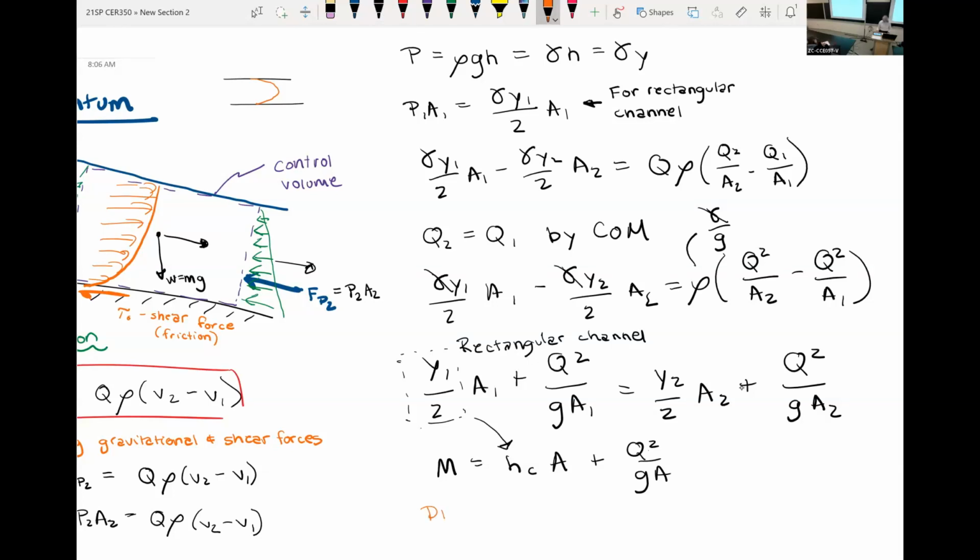For different geometries, we have different centroids and areas, so we reference the tables.